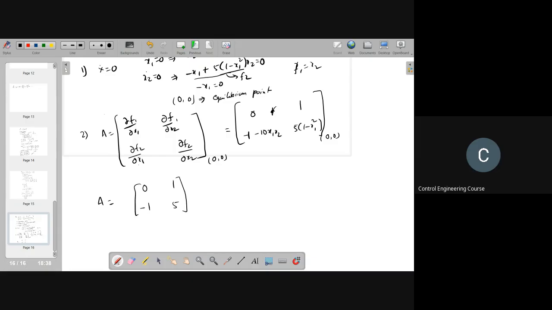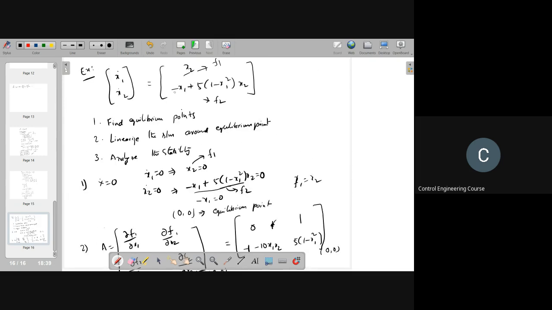This is your A matrix. The next step is, since there is no input U, there is no B. Otherwise, you need to differentiate with respect to U: dou f1 by dou U, dou f2 by dou U.